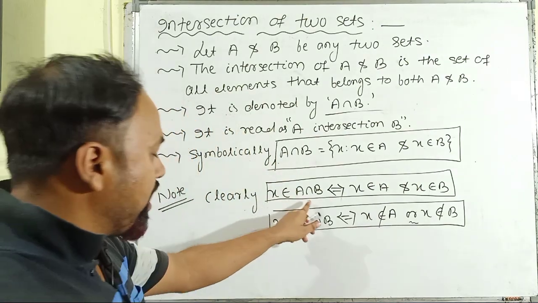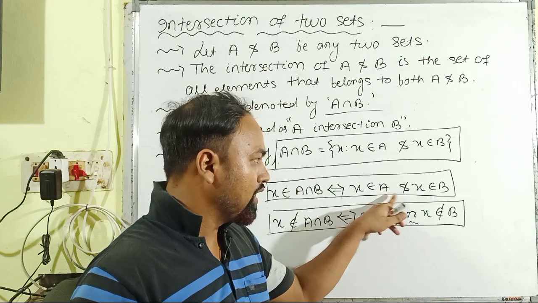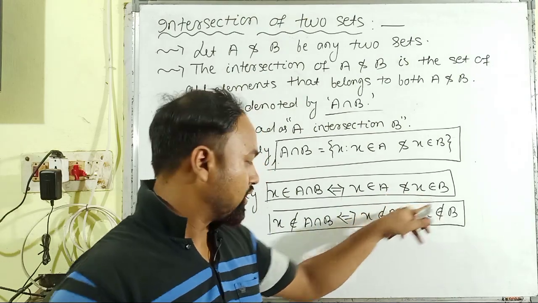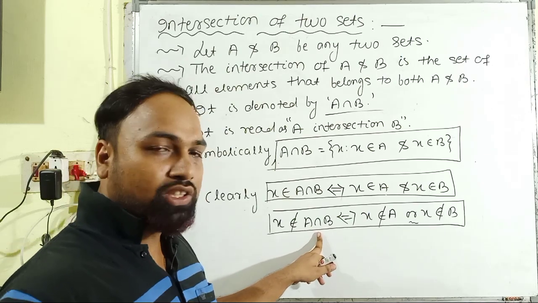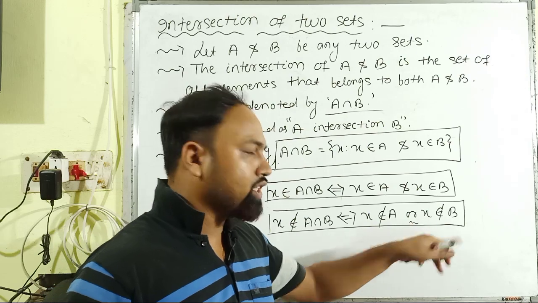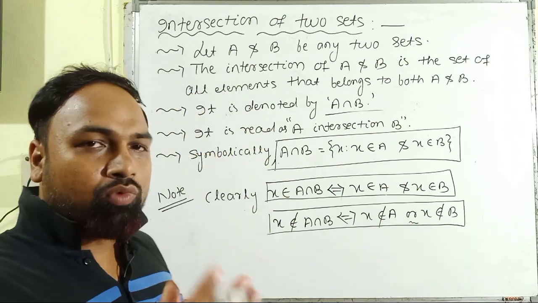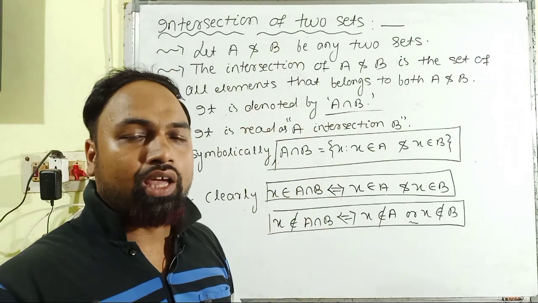Whenever x belongs to A intersection B, then x belongs to both A and B. But whenever x does not belong to the common part, x does not belong to A or x does not belong to B. Then let us move towards the representation of A intersection B in the Venn diagram method.